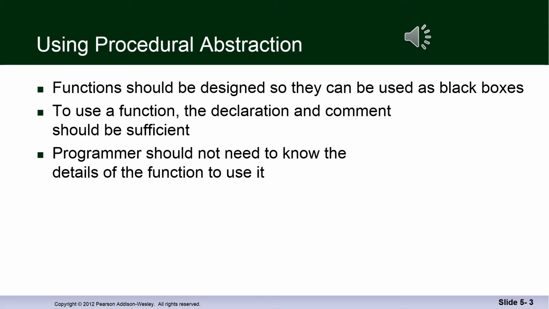If it's a void function, I know it's not returning a value. I should know what types of arguments I'm passing to the function, whether they're call by reference or call by value. So I should not have to look at the definition. The declaration and the accompanying comments should be sufficient. In other words, the details of how the function performs the task is abstract to me.